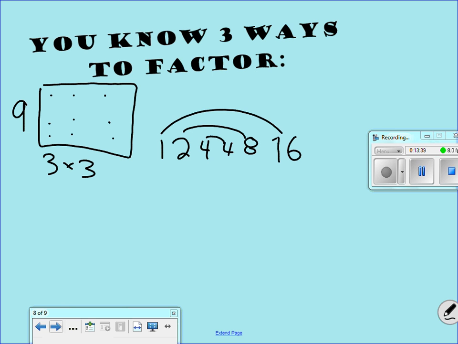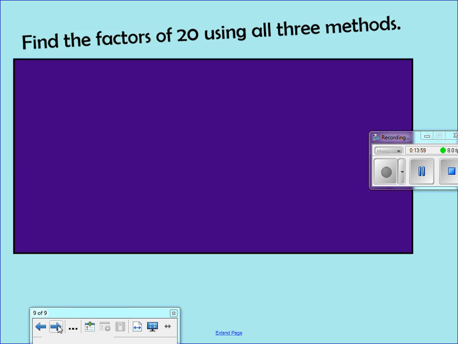So you know that way. And now you guys have learned a new one, a T-chart. So 10, 1 and 10, 2 and 5. You can use any of these methods on your next assignment tomorrow.